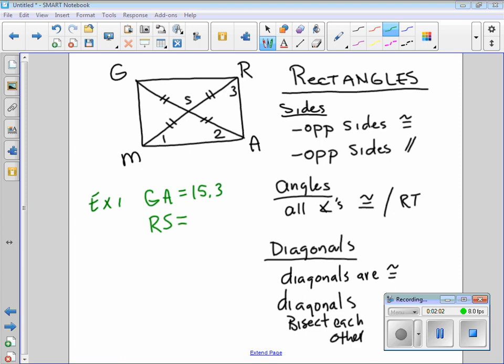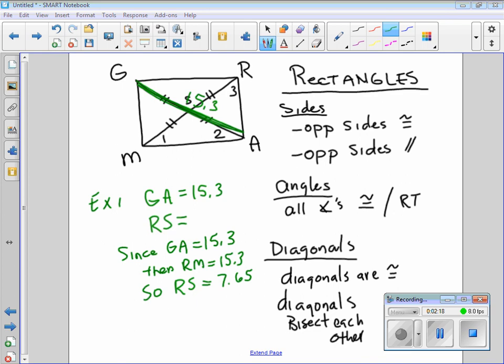Take a look at GA is 15.3, and now I'm asking you what RS is. Go ahead and put me on pause, and then I want you to try to think that through. If you get stuck and you have no idea, then come back and take a look at my work. All right, well, since GA is 15.3, that's given, then RM is 15.3 because it's a rectangle.